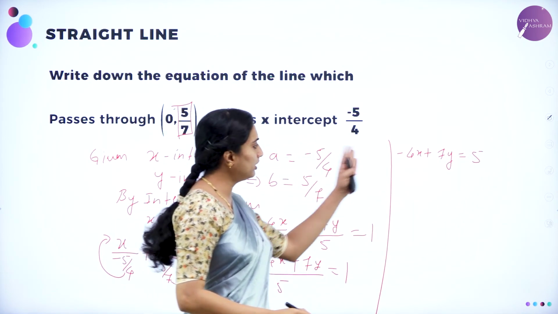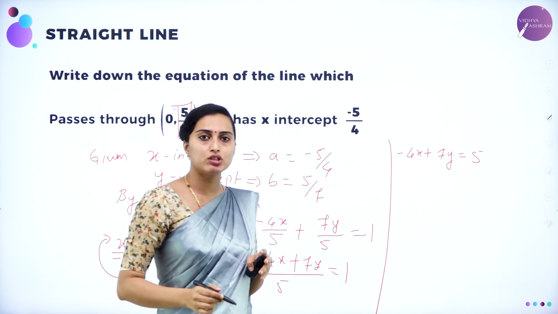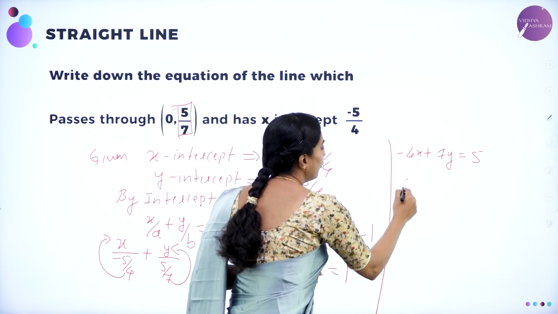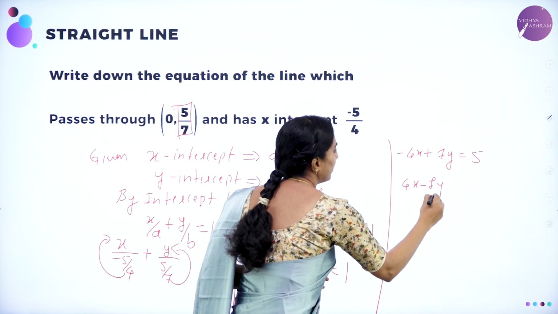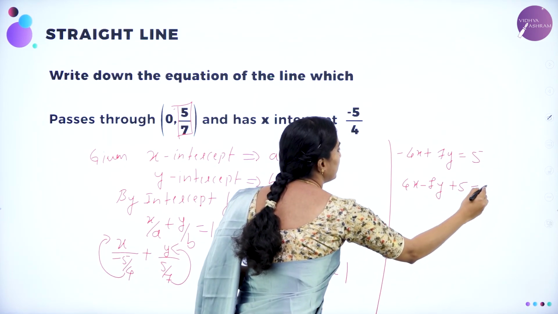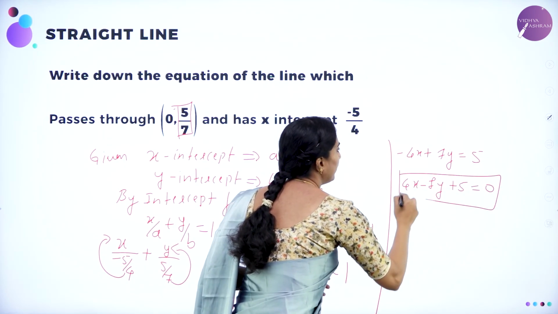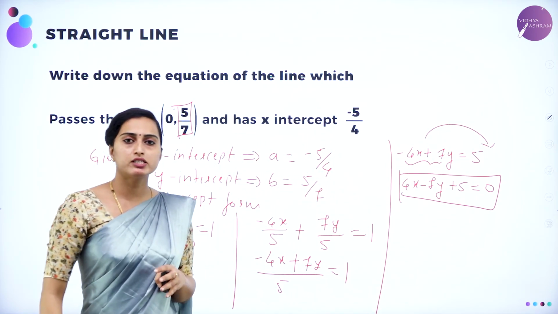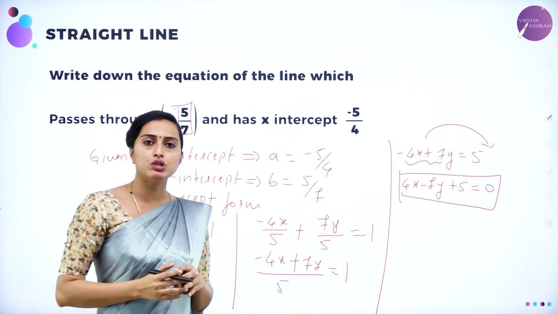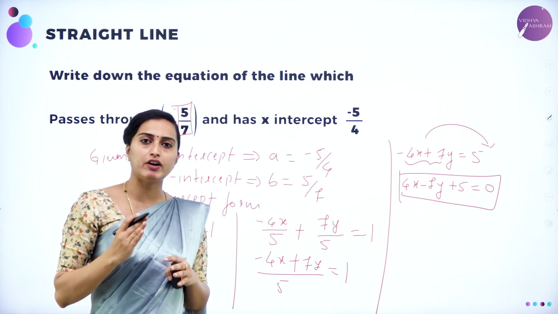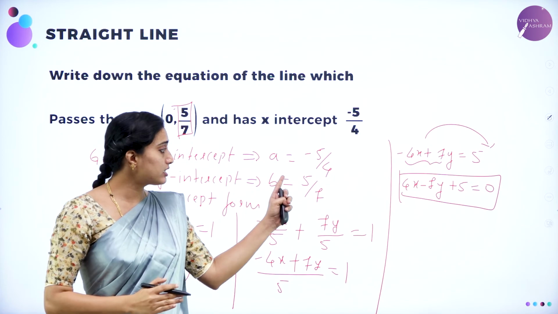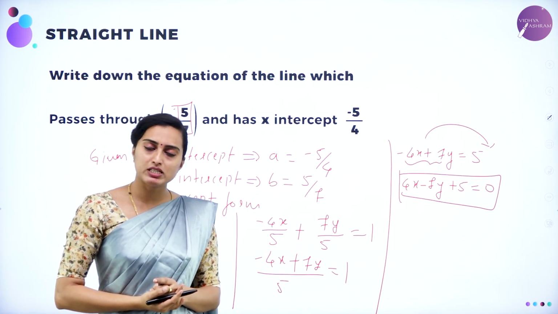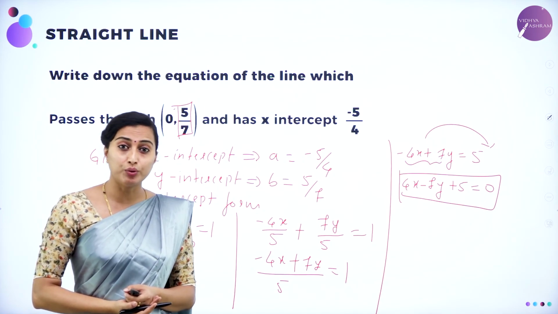You can bring all the terms to that side because I want to reduce it to the form ax plus by plus c equal to 0, which will be 4x minus 7y plus 5 equal to 0. A takes the value 4, b will be minus 7 and c will take the value plus 5. I hope you got how to solve this one.